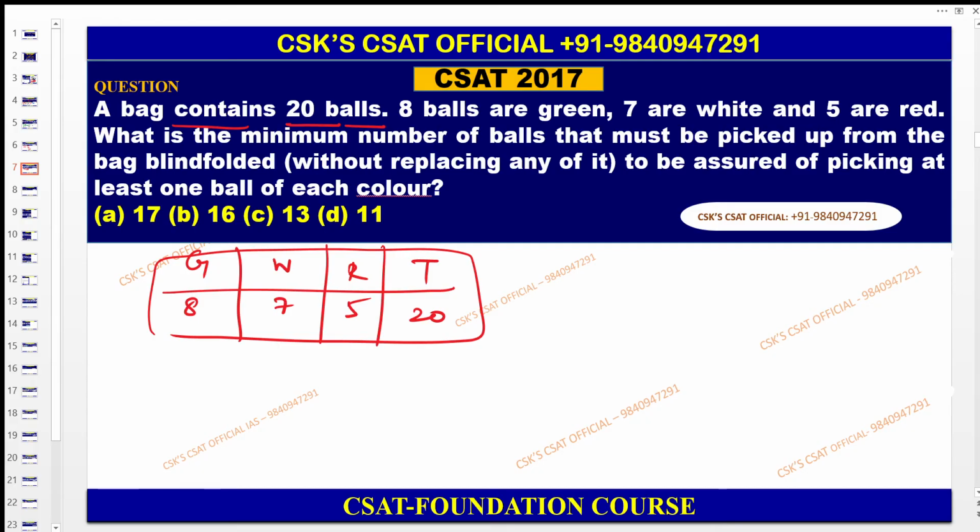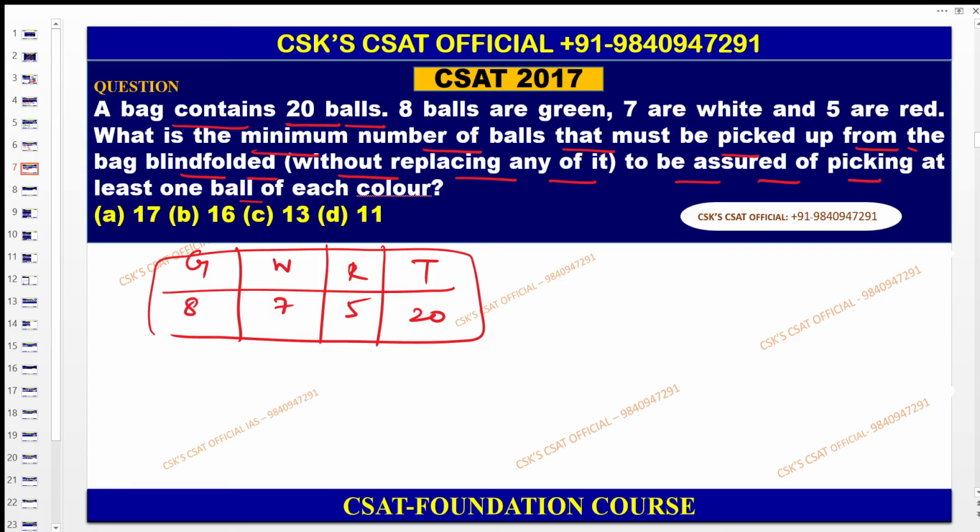What is the minimum number of balls that must be picked from the bag blindfolded without replacing any of them to be assured of picking at least one ball of each color? At least one ball of each color.